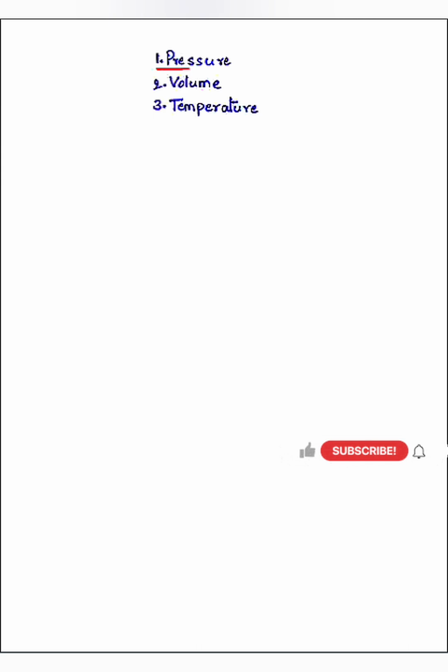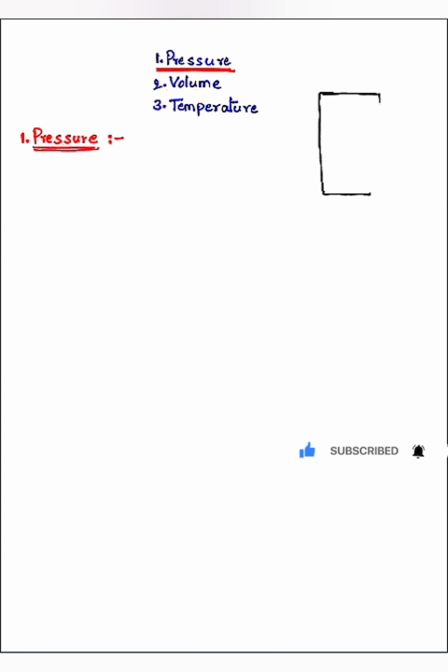So now let's talk about pressure. What is pressure all about? In order to make you understand the concept of pressure, I'll take one container over here, and inside this container I'll keep some random gases.